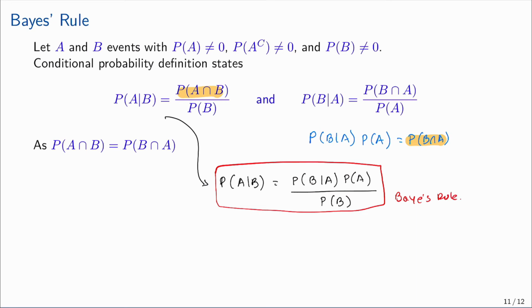If we use the law of total probability to write the probability of B, we can write the probability of A given B equal to the probability of B given A multiplied by the probability of A, and in the denominator we can use the law of total probability.